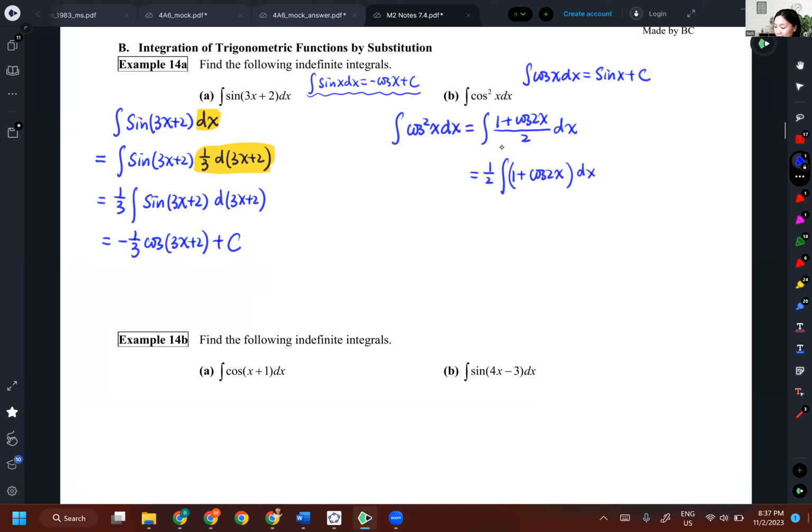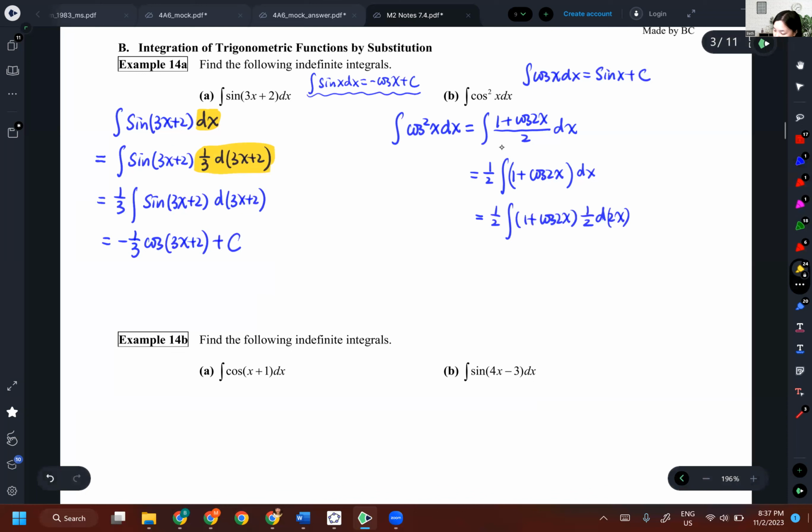Then I think we have a chance because now it's cosine 2x, and I only have to change dx to d2x. So here you see me, 1 plus cosine 2x, 1 over 2 d2x, because I need to change the variable. Now, bear with me.